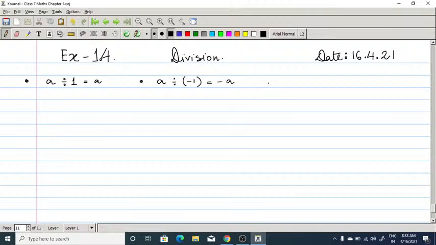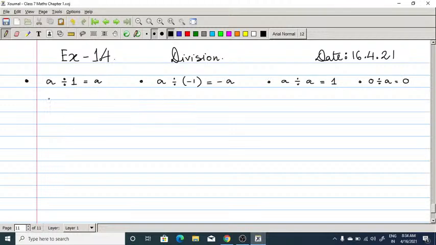If you divide an integer by the integer itself, then your answer is 1. And 0 divided by an integer is always 0.